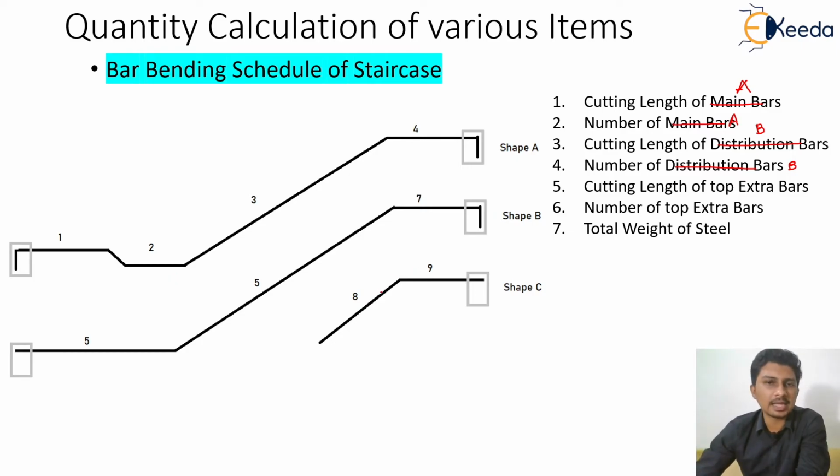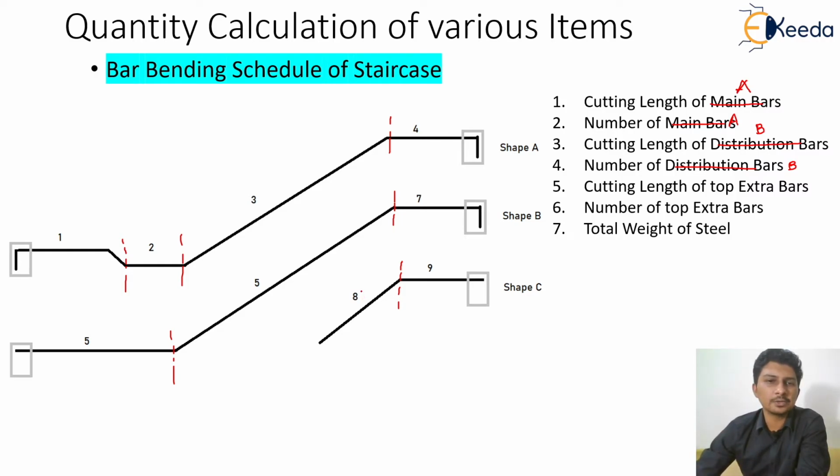Are there any other types of bars? Yes, we have the distribution bars which are along the width of the staircase, so you also need to calculate them, but they are very easy to calculate, so I hope you will be able to get them properly. First of all you need to learn about the shapes given to the bars, and based on those shapes and whatever is provided to us, you just need to calculate the length. I bifurcate this length into different parts, so you need to take out the length with the help of these.